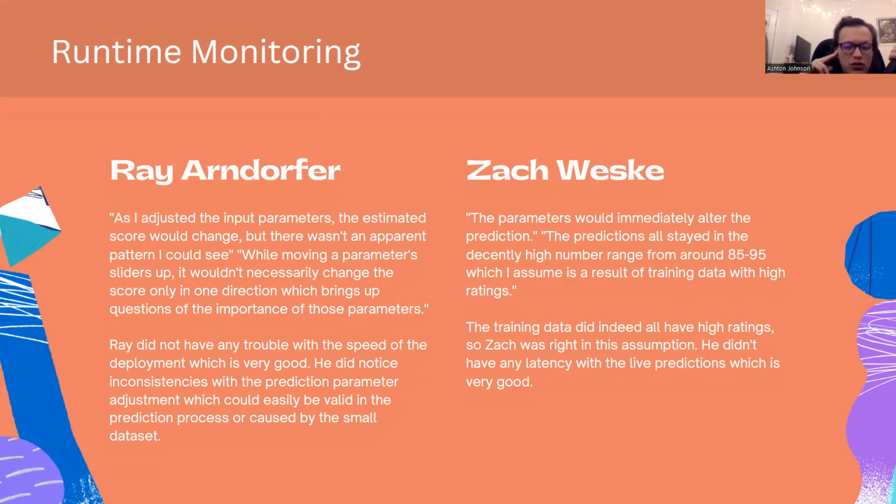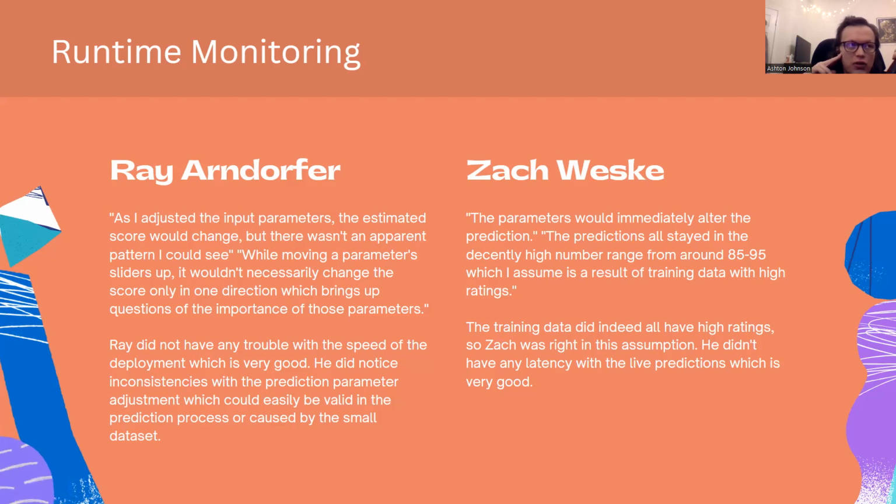So Ray did not have any trouble with the speed of deployment, no latency. He did notice inconsistencies with the prediction parameter adjustment, which could easily be valid in the prediction process or caused by the small data set.